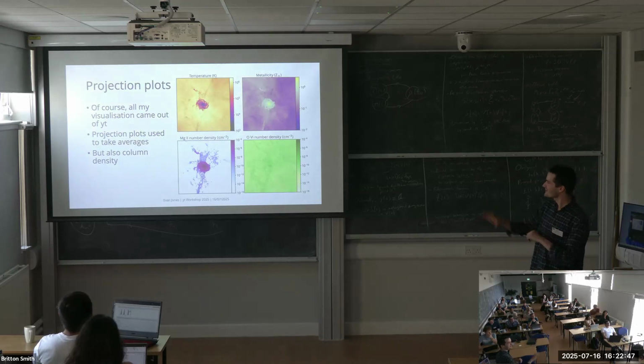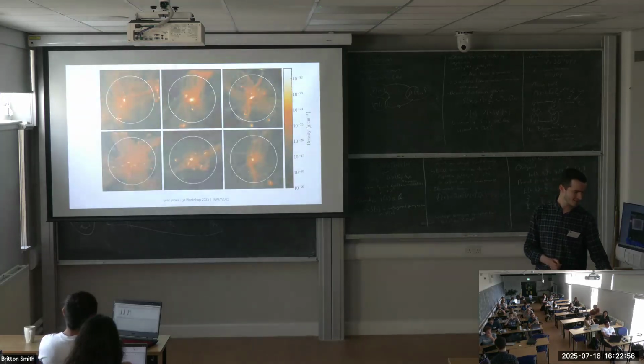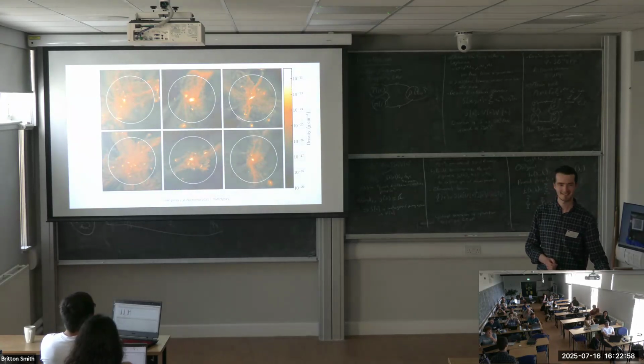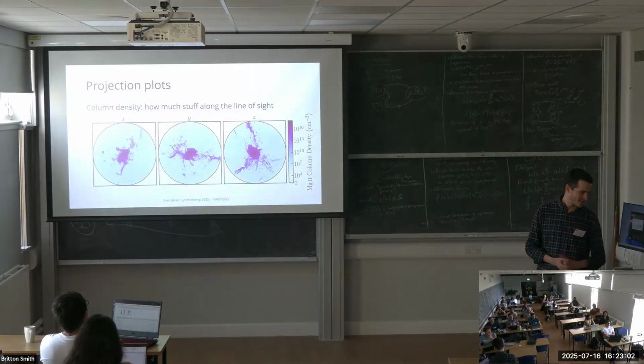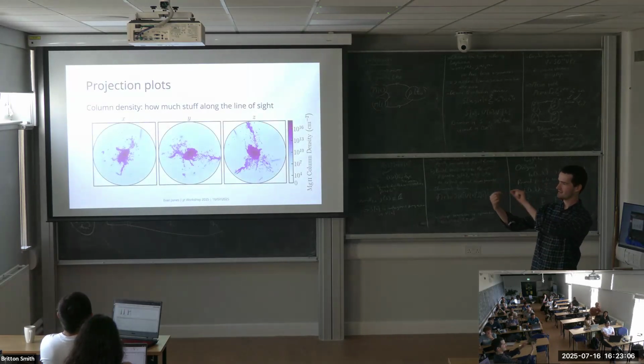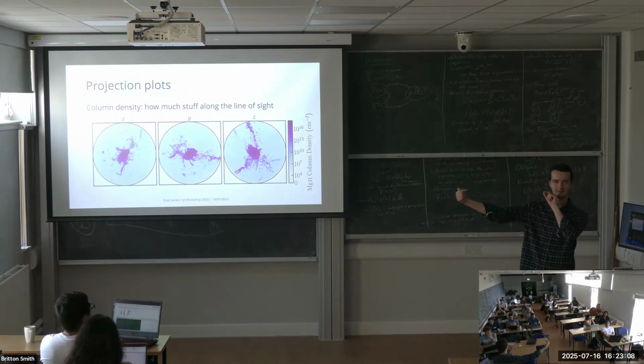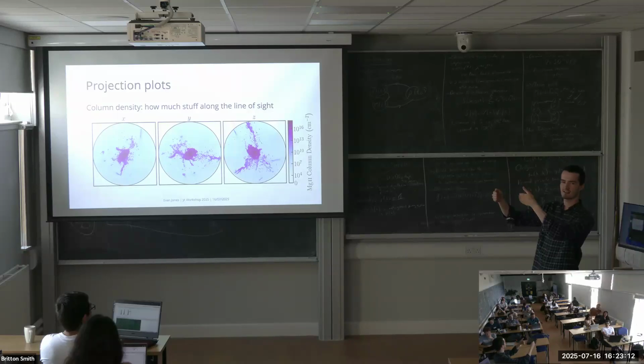Then all the visualization came out of YT. So a lot of projection plots for different averages, and also column densities, which I'll talk about. Column density is what we're interested in. If you imagine you are taking a spectrum, a line of sight through something, you can only measure how much is along that.